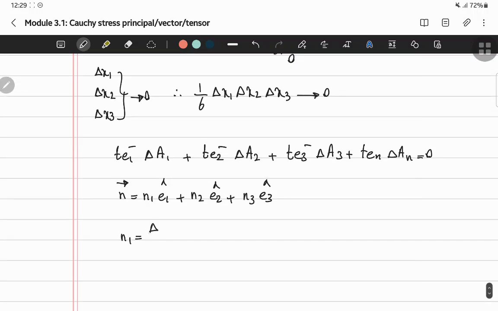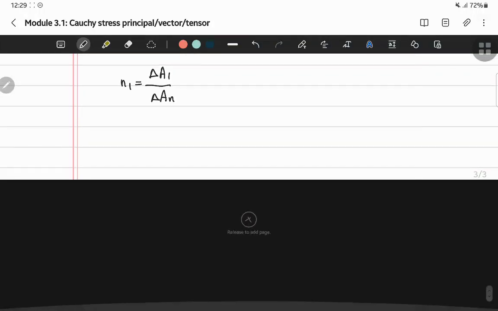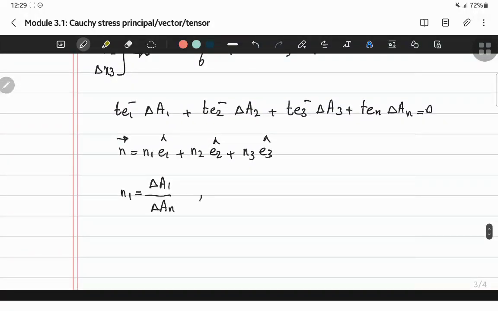Like n1 is delta A1 divided by delta An. They are both scalars. So n2 is delta A2 divided by delta An, and n3 is delta A3 divided by delta An.